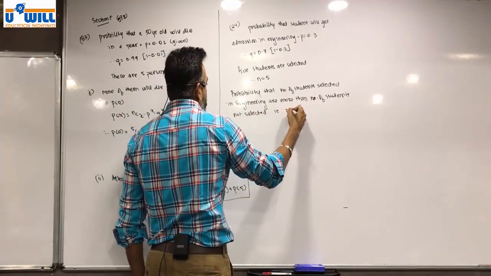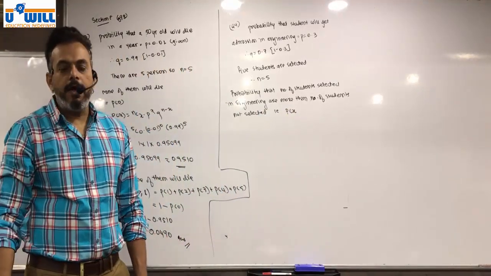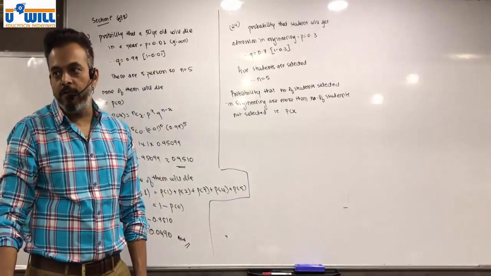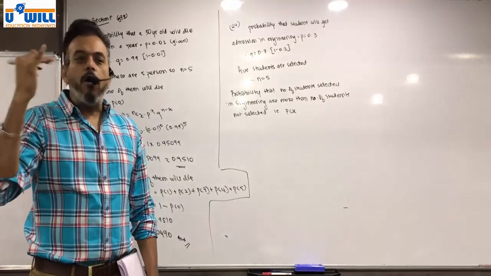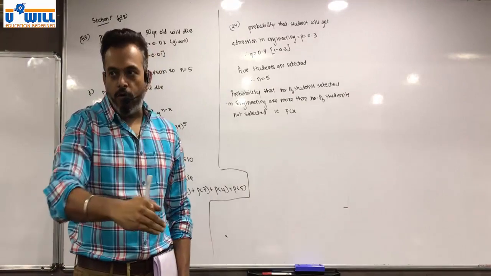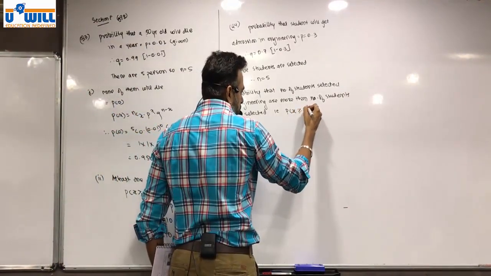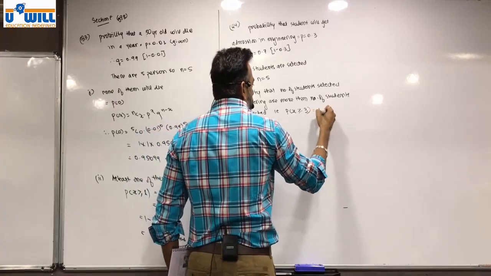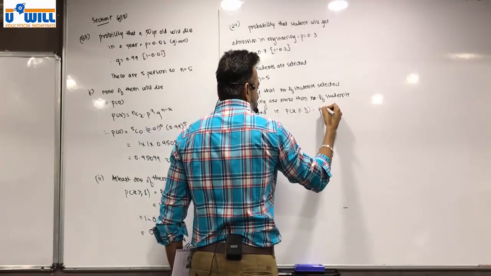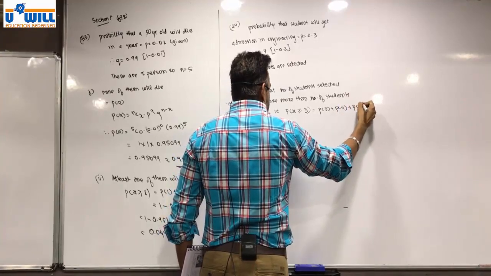That is probability of X. क्या आएगा? कितने लोग सिलेक्ट होने चाहिए 5 में से? 3 or more than 3. So it can be 3, 4 or 5. So X is greater than equal to 3, which is equal to probability of 3 plus probability of 4 plus probability of 5.